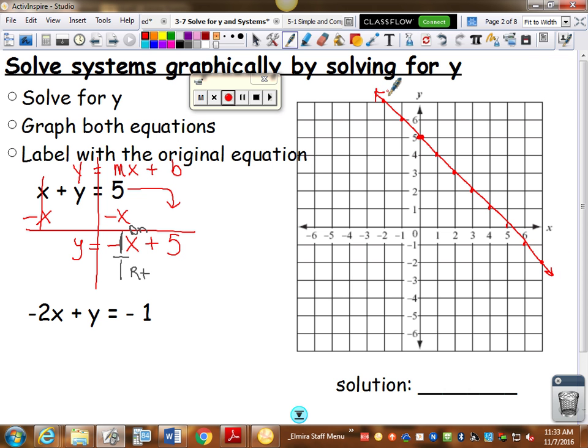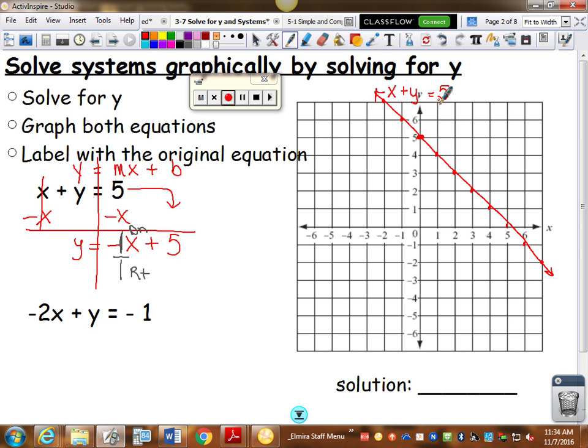Arrows. And label. Now labeling, don't label it with the y equals that you came up with, because if you made a mistake and came up with a wrong y equals, it's going to take the grader of your paper, and let's think ahead to your Regents exams, that's not going to be me next year, a while to figure out where you went off the rails.